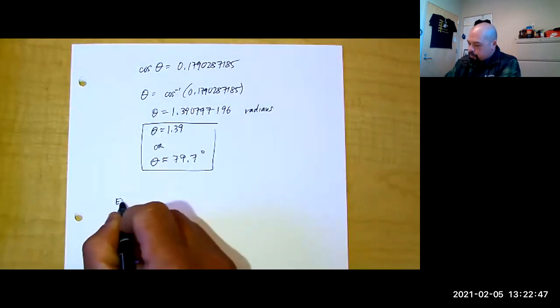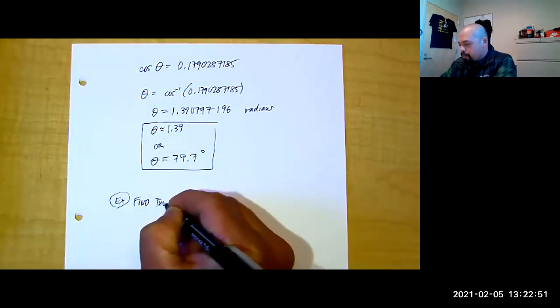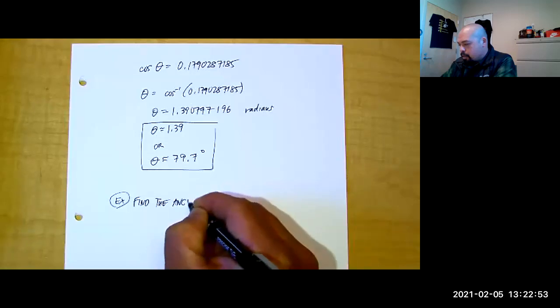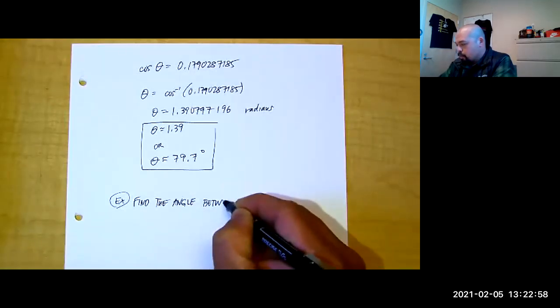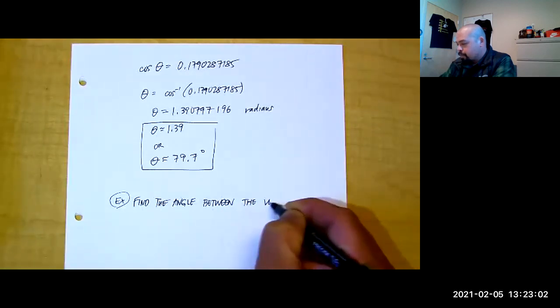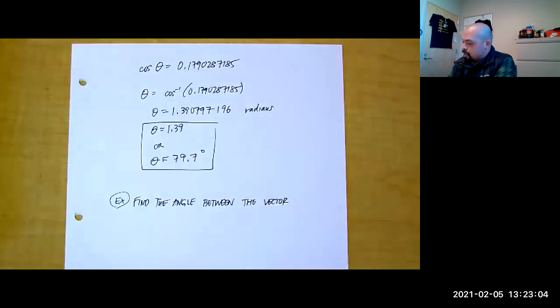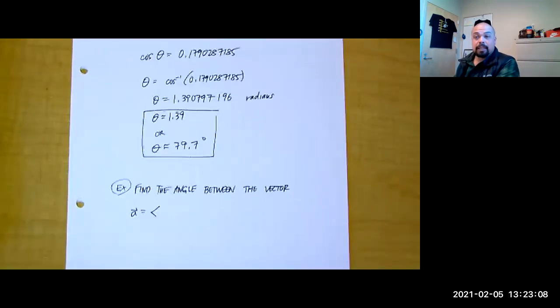Another example, I'm making this one up, but let's find the angle between the vector, let's say here, A being, I'm just going to make this up.